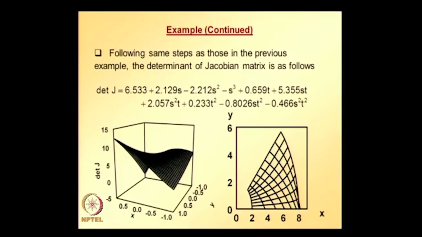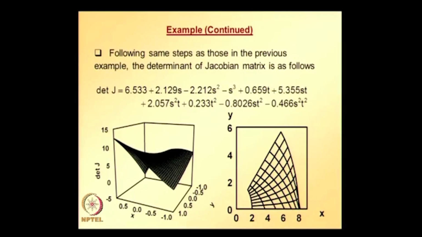Similarly, for a 4 noded element, if the angle between the sides of the element is very small or very large, we have also seen there is some problem with the mapping.